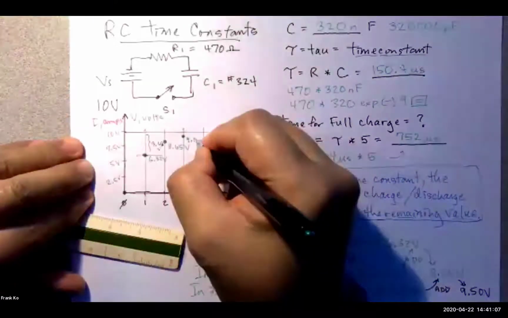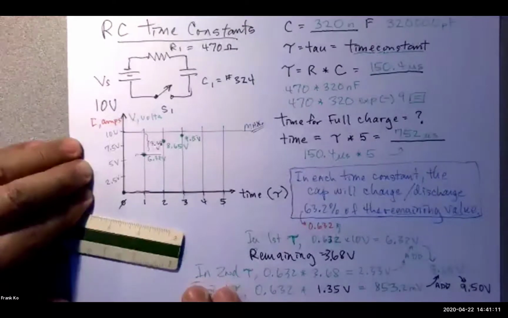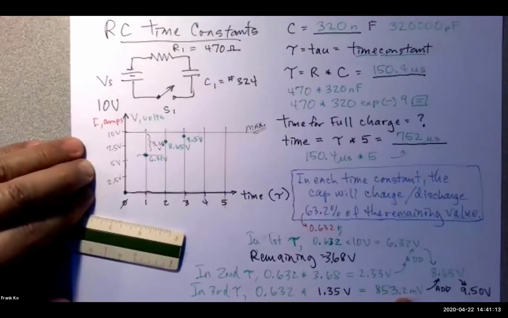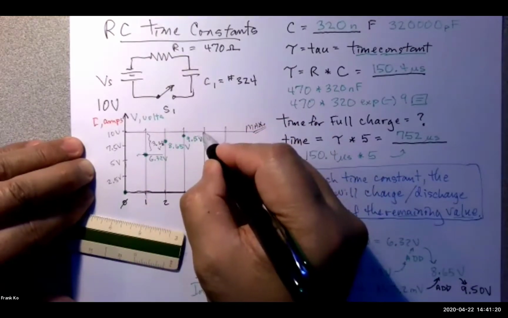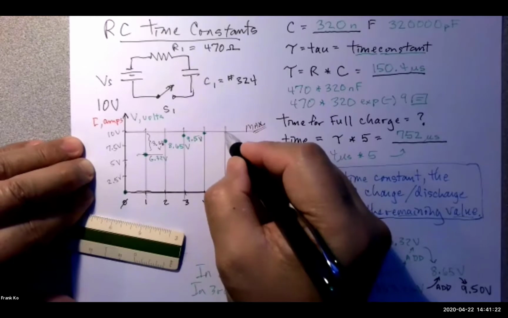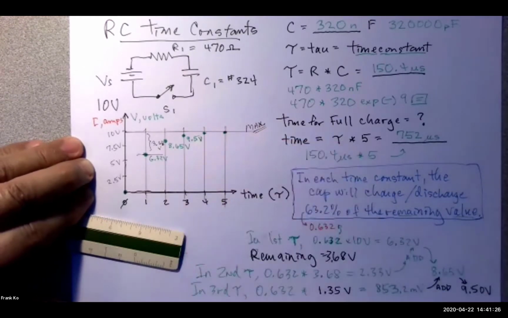Okay, 9.5 volts. So what happens, without doing the mathematical derivation for the third tau and the fourth tau, we can do that. Basically, if you look at the dots, are we getting closer and closer? Ultimately at 5, we are so close to 10 volts, we pretty much put our last dot right there.